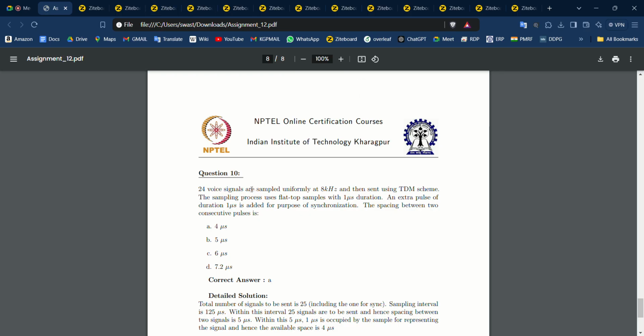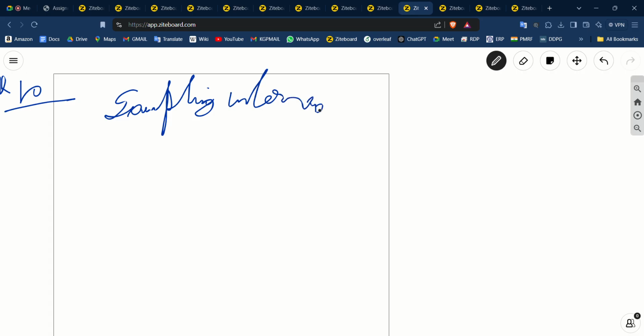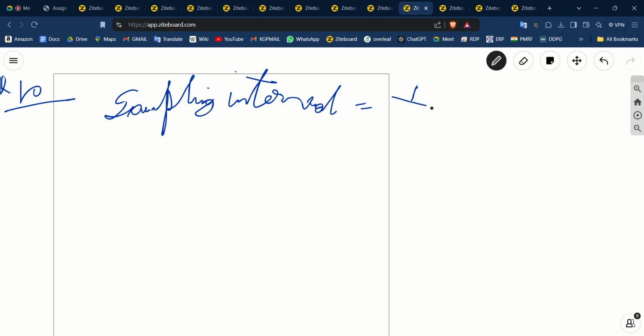As I have said, there are 24 voice signals sampled uniformly at 8 kilohertz and then sent using TDM. The sampling process uses flat top samples with 1 microsecond duration. So there are total 25 signals to be sent in a sampling interval of 1 by 8 kilohertz.